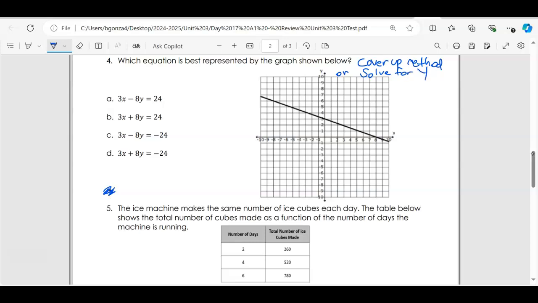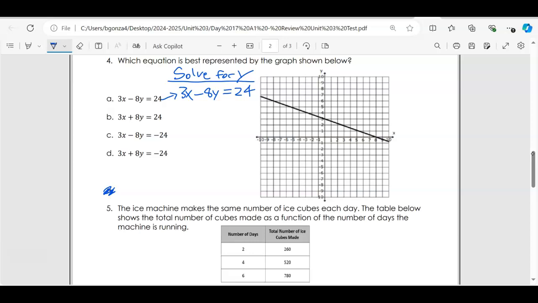Here's an example of solve for y. There's a solve for y method, and we'll use this equation right here: 3x minus 8y. If I want to solve for y, first I need to get rid of this x.